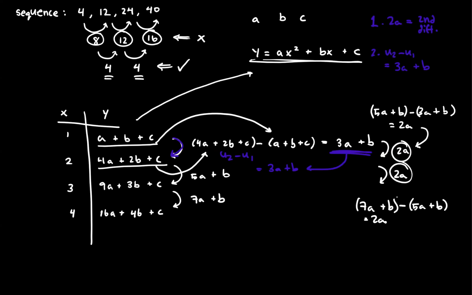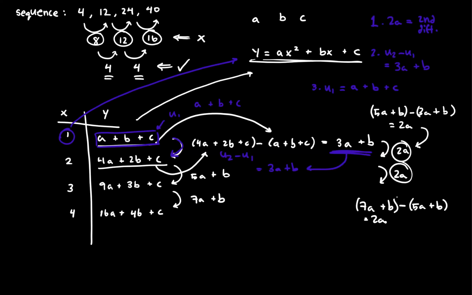And finally, we can also see that the first term here that we've described as u1 is always going to be equal to a plus b plus c. Remember, we got this from substituting 1 in as our x value into this general equation right here. So the third assumption we can make is that u1, or the first term, will always equal a plus b plus c.